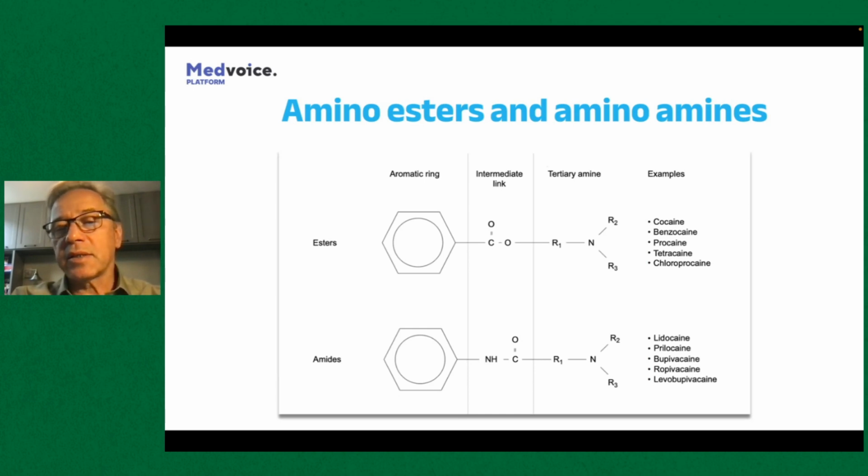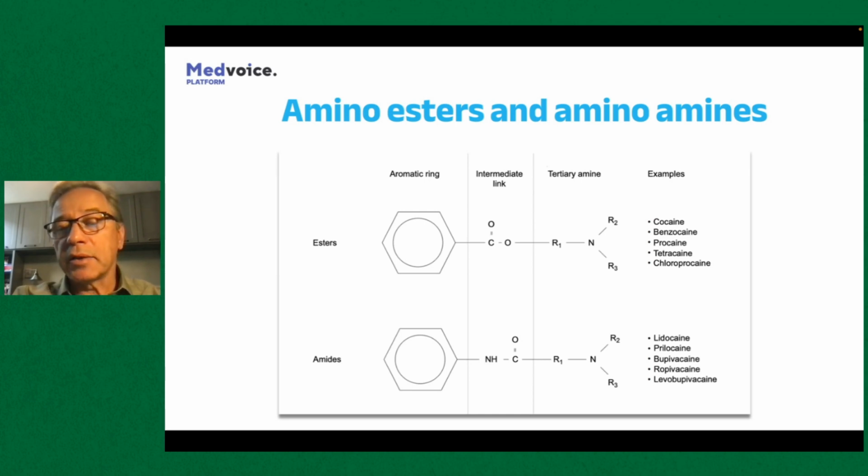Among esters, we count the very famous cocaine, benzocaine, procaine, novocaine, tetracaine, and chloroprocaine. And if you think they're not used anymore, they are, because procaine is still being used in many countries, tetracaine is certainly being used in ophthalmic anesthesia, and chloroprocaine is now being used in spinal anesthesia.